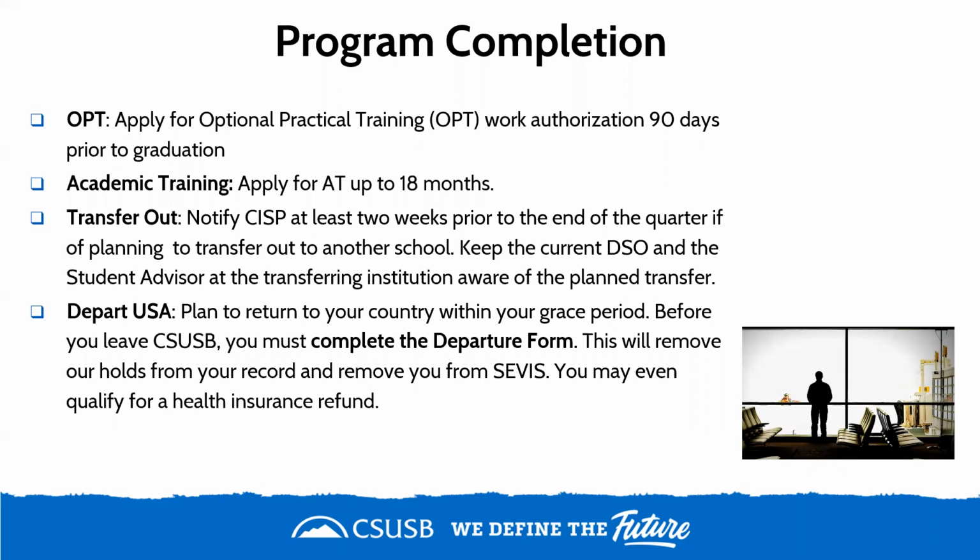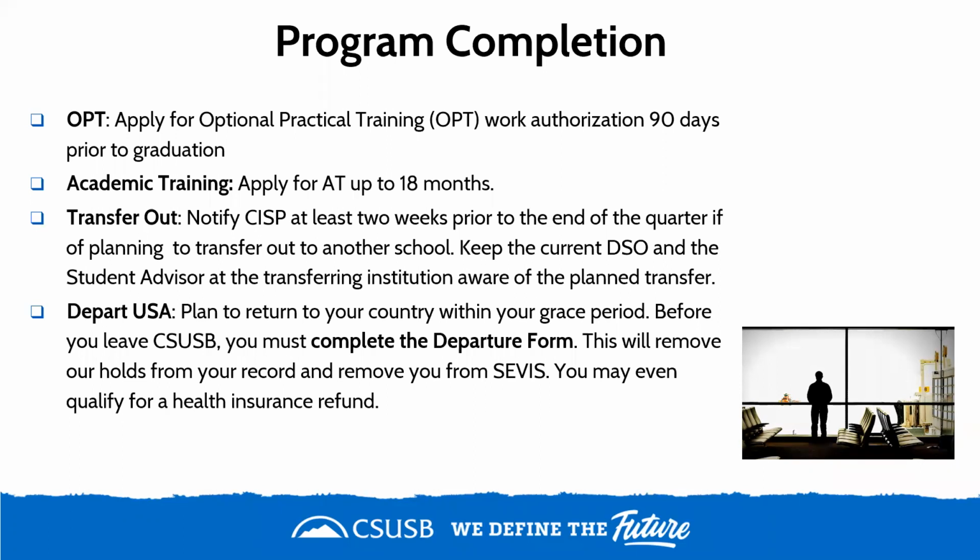If you wanted to attend another academic institution of higher grade level, you can do so. We hope that you remain at CSUSB, but if you find another program, please ensure that you request your SEVIS record to be transferred to that institution before you start your new program.